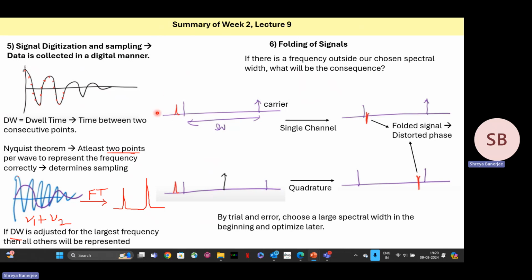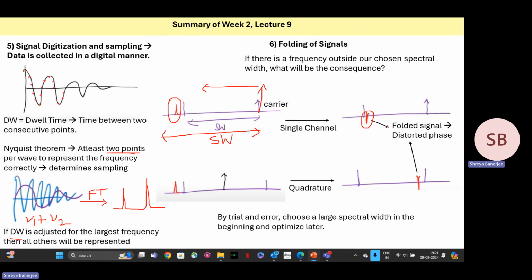In this case, it is a single channel detector because your spectrometer frequency is at one side and you are detecting frequencies only on this side. So the frequency that is lying outside your spectral width will appear as a negative frequency. The moment you see this negative frequency, you will realize that the spectral width taken is not enough and you have to take a new, larger spectral width.